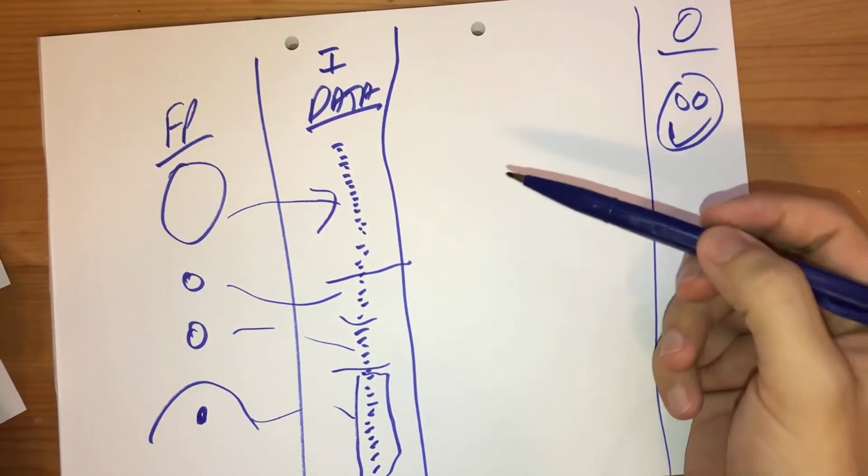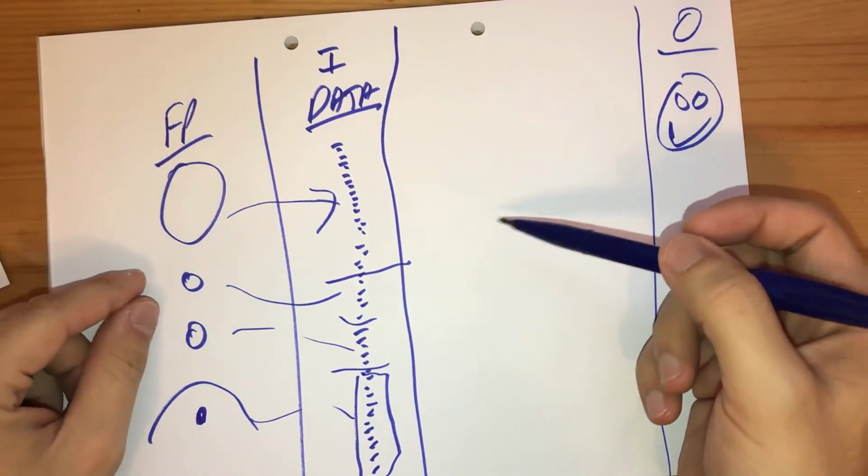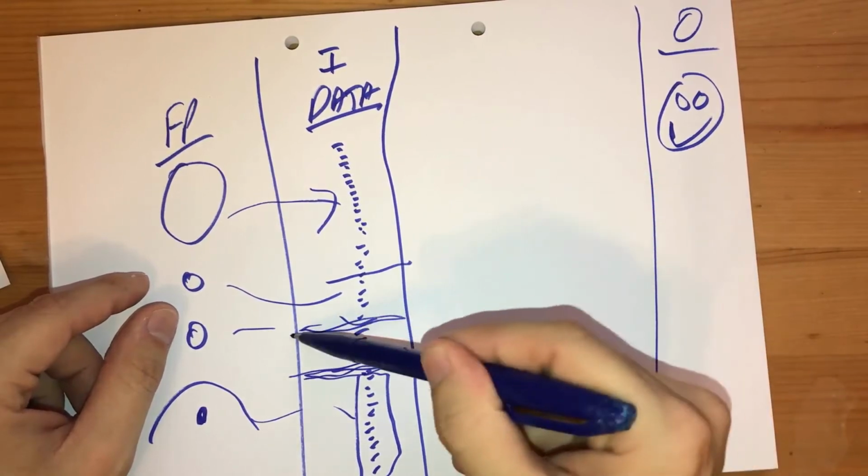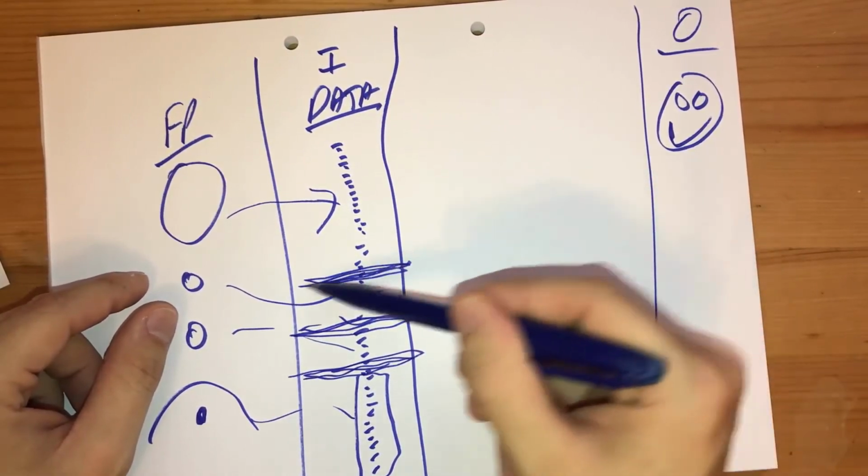So the key to being able to do that would be partitioning this list up.